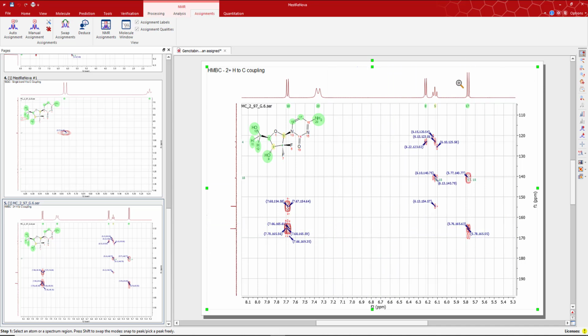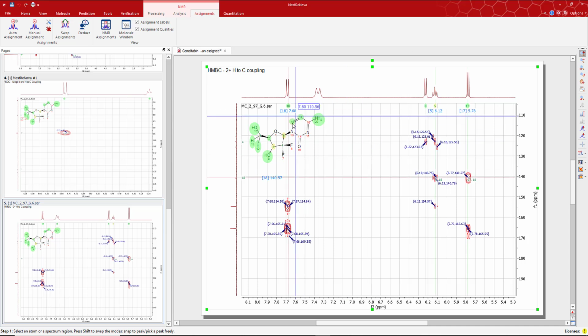So we see 17 is over here and 18 is here. So what do they see? And we can see that they both see this carbon at about 165, 166 ppm. They both have a cross peak to that. However, only proton 18 has a cross peak to this signal at 154 ppm.